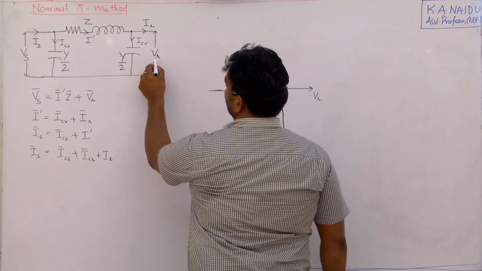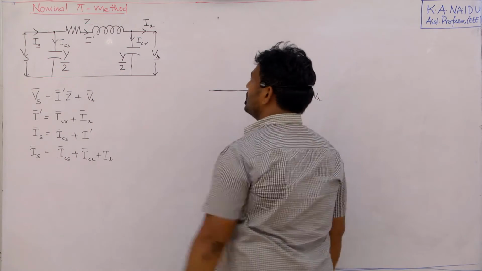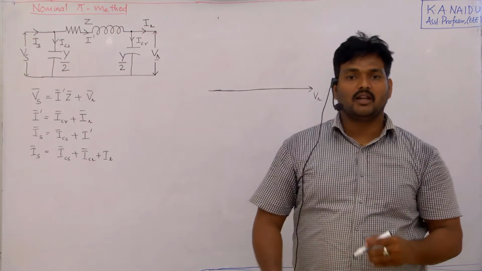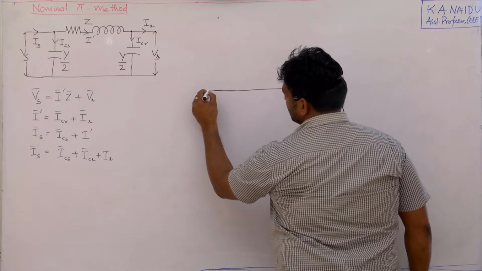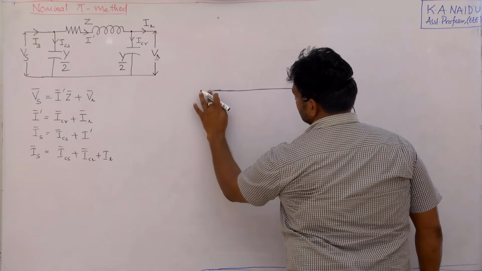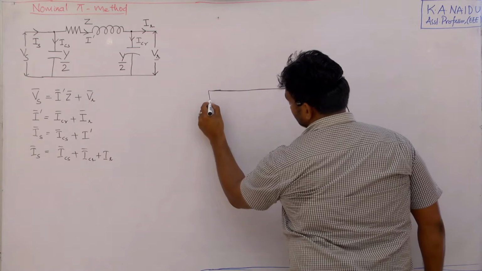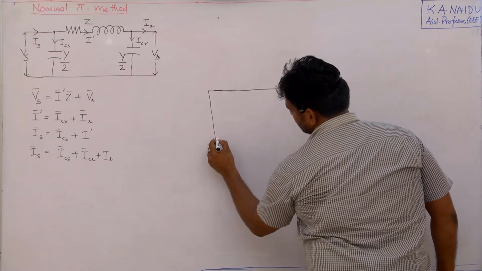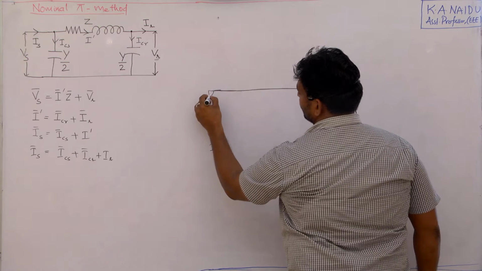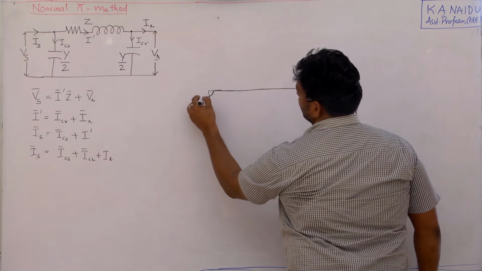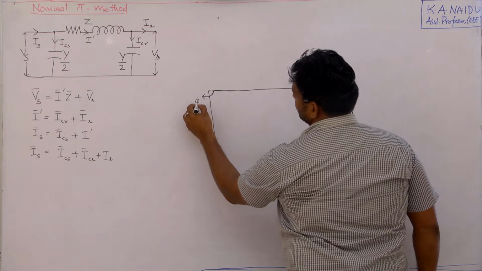This is the receiving end voltage VR. Now IR lags VR by an angle phi r, because most of the loads are lagging power factor loads. So let me take this as IR, which is a lagging power factor load, and this angle is phi r.